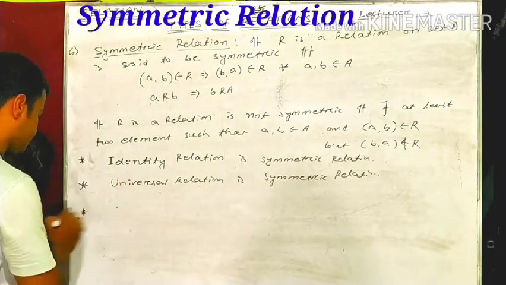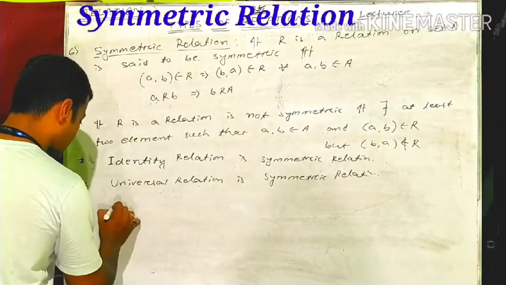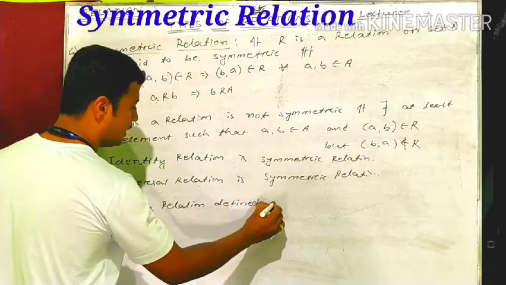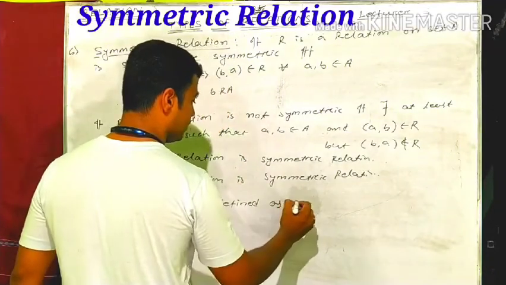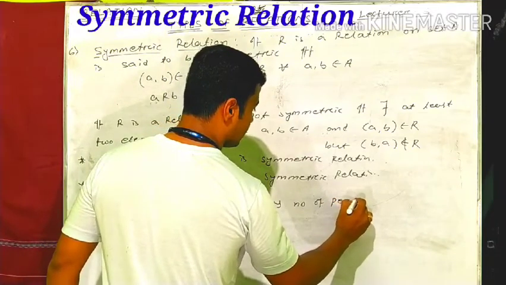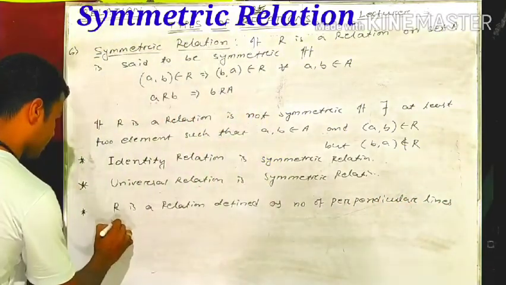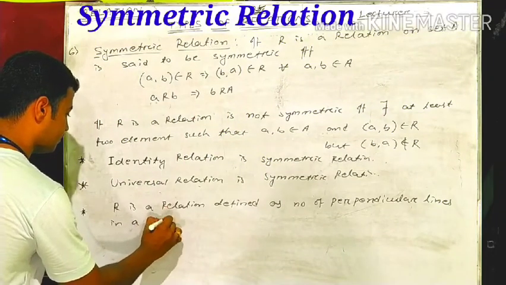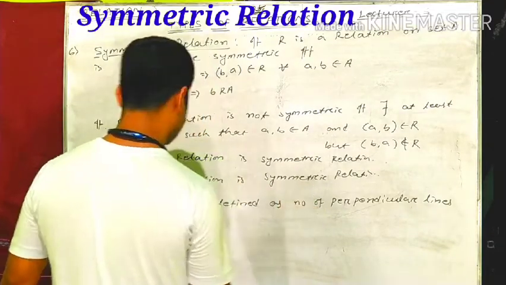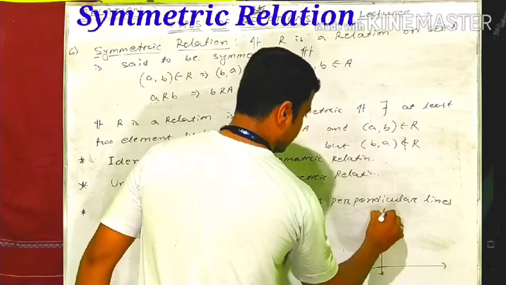Third point: if R is a relation defined as perpendicular lines in a plane, we take two lines such as L1 and L2.